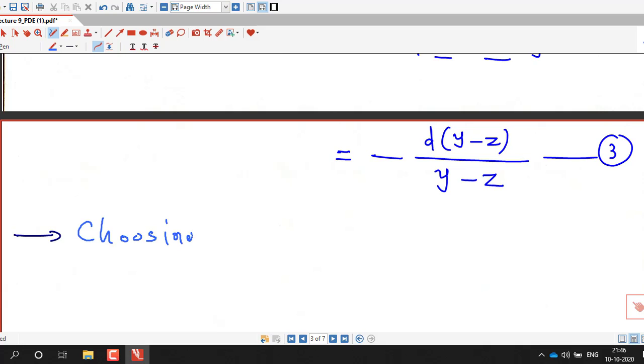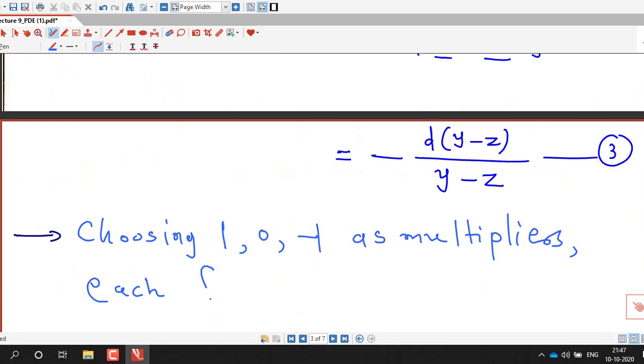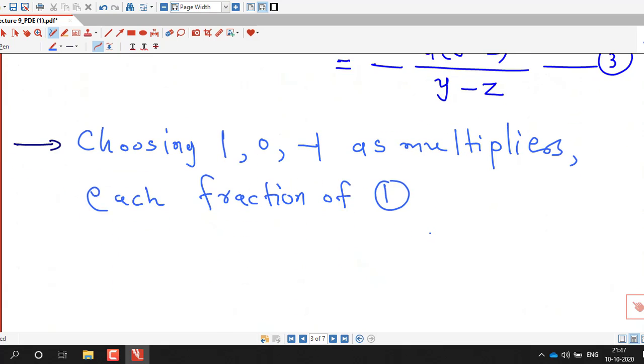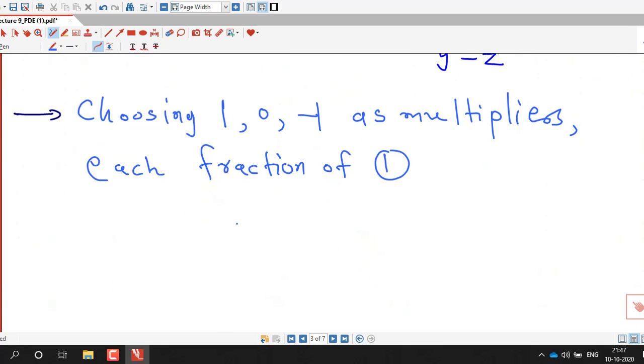So choosing 1, 0, minus 1 as multipliers, each fraction equals dx into 1, 0 into dy, minus 1 into dz.